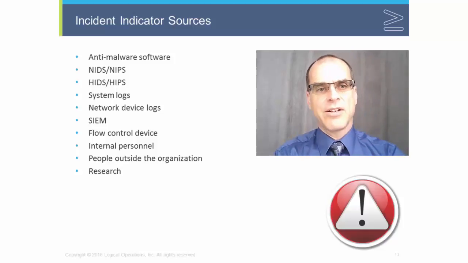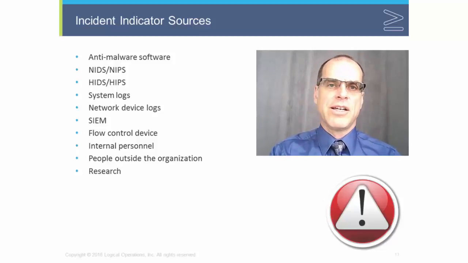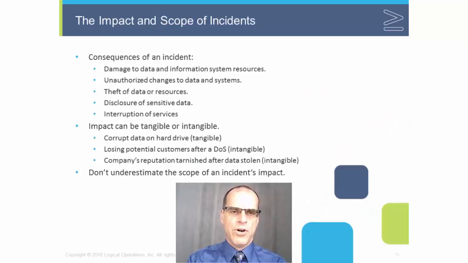And of course, we can look at third-party research, vulnerability databases, and so on, to identify new threats, new trends, and these things could also, taken together with these other indicator sources, help us to identify whether we are experiencing any type of true security incident or not.